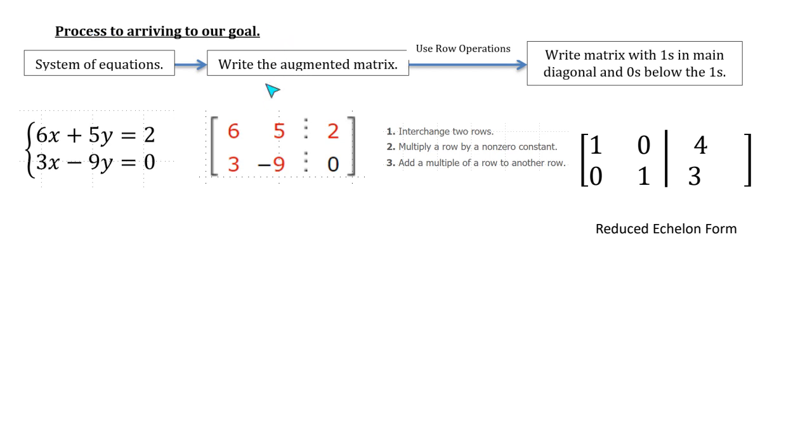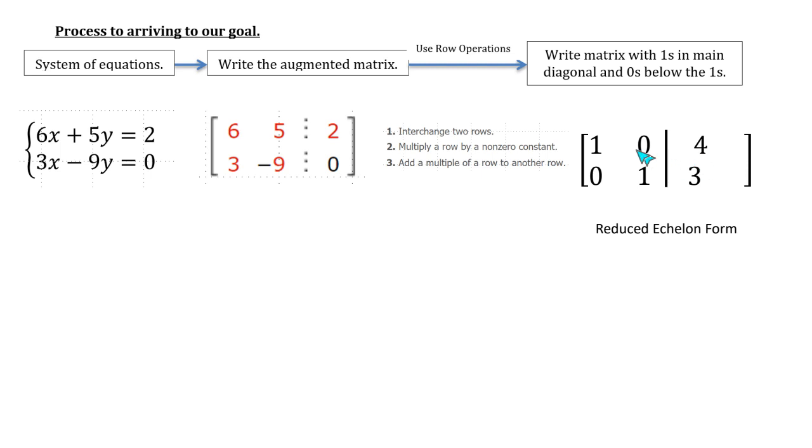So the process to arriving at our goal: I give you a system of equations, that's this one here. We're then going to write it as an augmented matrix, which is this one here. And then we're going to use row operations, which we have 3 that we could use. And then hopefully by that time we end up with a matrix that has a 1 in the diagonals and 0 everywhere else, which is our identity matrix.